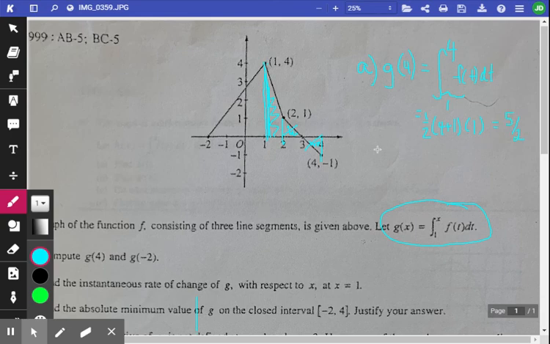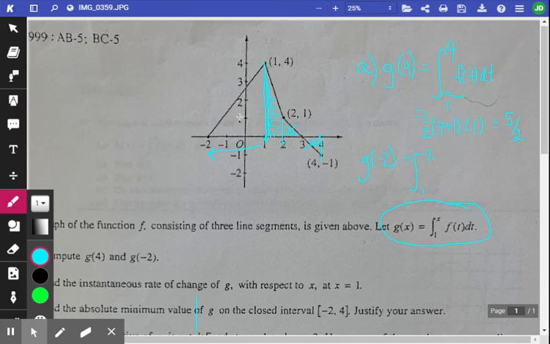Now I need to answer what is g of negative 2. g of negative 2 is saying what is the integral from 1 to negative 2. So now I'm going to be going backwards. So from 1 to negative 2, because I'm heading in the opposite direction that we normally read, the area above the x-axis is going to be negative.